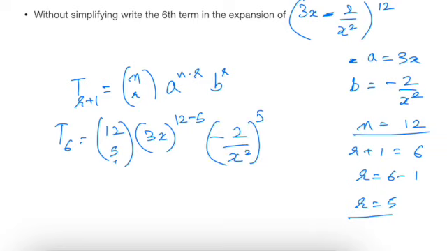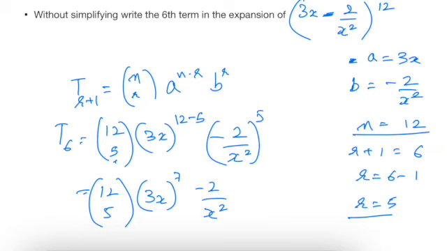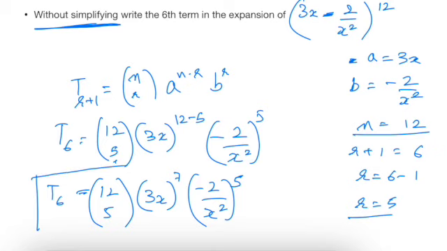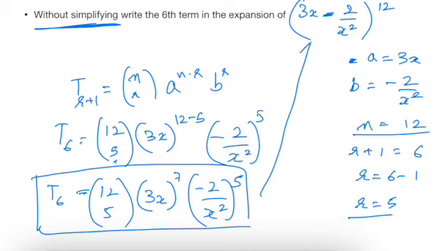They don't want us to simplify it, so we're not going to simplify, but just write the correct powers: (3x) to the power 7 and (minus 2 by x square) to the power 5. This is the answer. This is the sixth term. We don't have to expand it because they're saying without simplifying. This is the sixth term of the expansion of this binomial.